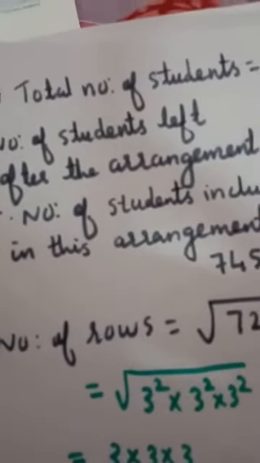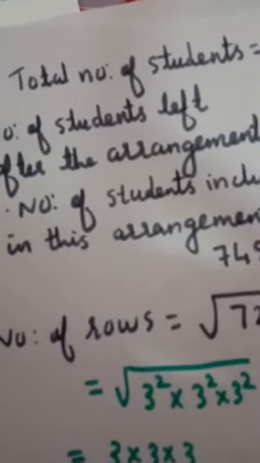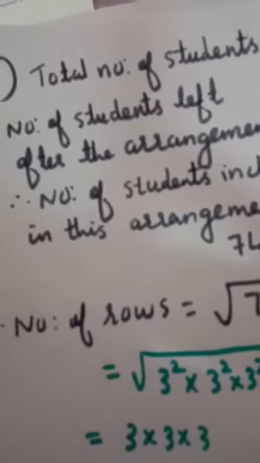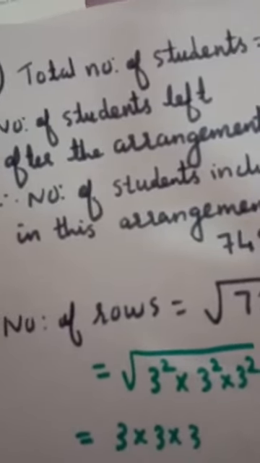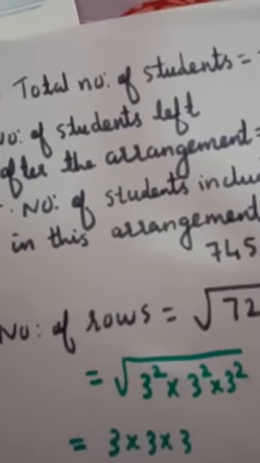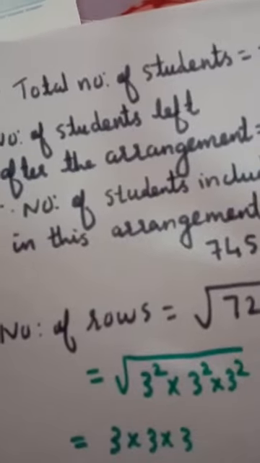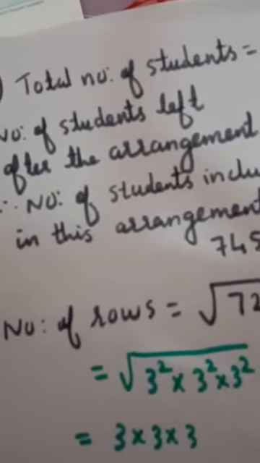But here 745 students are there. They arranged the students in such a way that the number of columns and rows are equal, but 16 students were left after the arrangement, because they are not included in the rows.